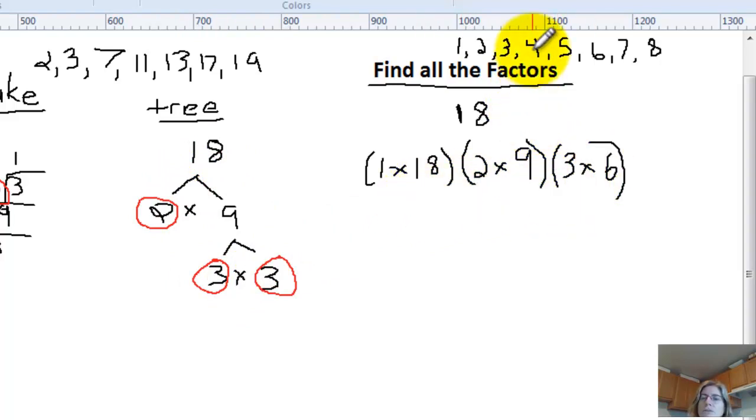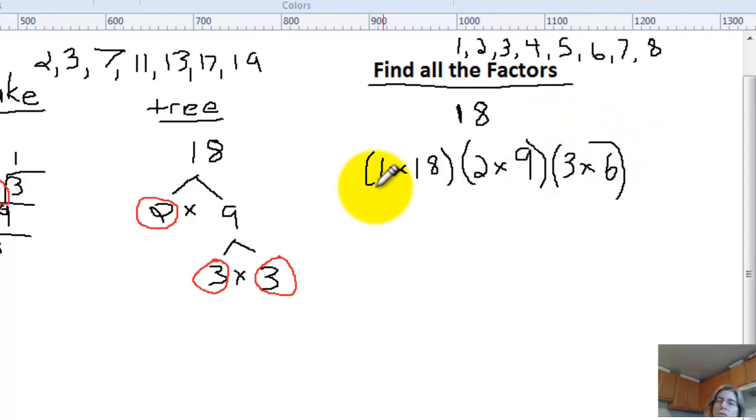So then we say to ourselves, does 4 times any number equal 18? No, because 4 times 4 is 16, 4 times 3 is 12. Does 5 go into 18? No, 5 times some number is not going to be 18 because it doesn't end in 5 or 0. Does 6 go into 18? Yes, we determined that.